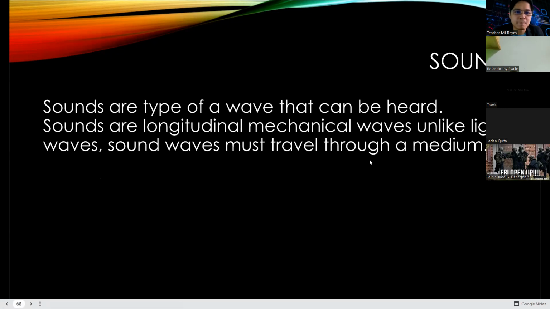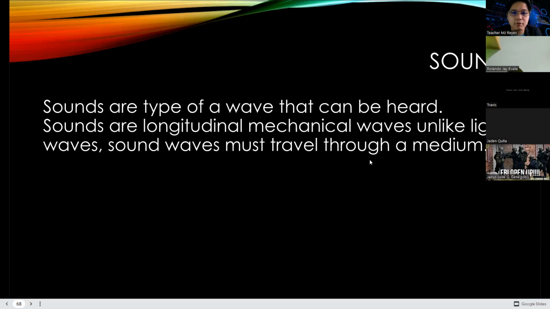Sound. Sounds are a type of wave that can be heard. Okay, because we have audio in our ears, we have sensors in our ears that can actually absorb these sound waves. Sounds are longitudinal mechanical waves, meaning to say if it is mechanical, it needs a medium in order to travel.